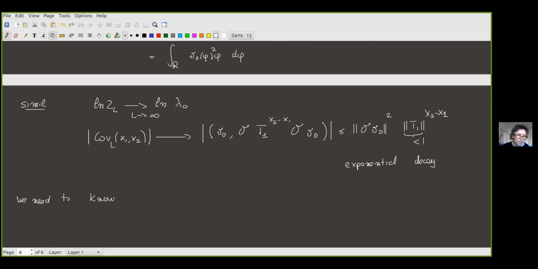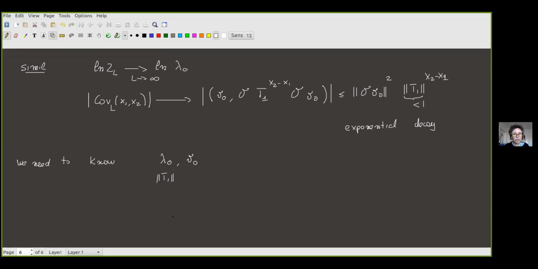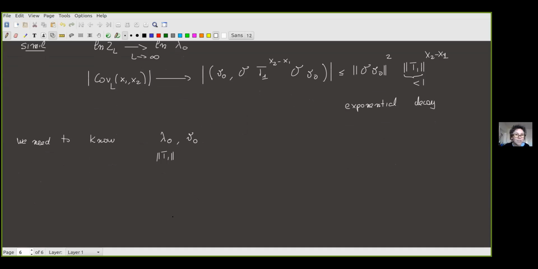We need to know lambda 0, we need to know the vector v0, and we need to know the norm of T1, which is actually the absolute value, the size of the next eigenvalue, so the spectral gap. That's all the information we need. Of course, at this point, we should study our operator to see if we can extract this information. There is no standard method to do that.